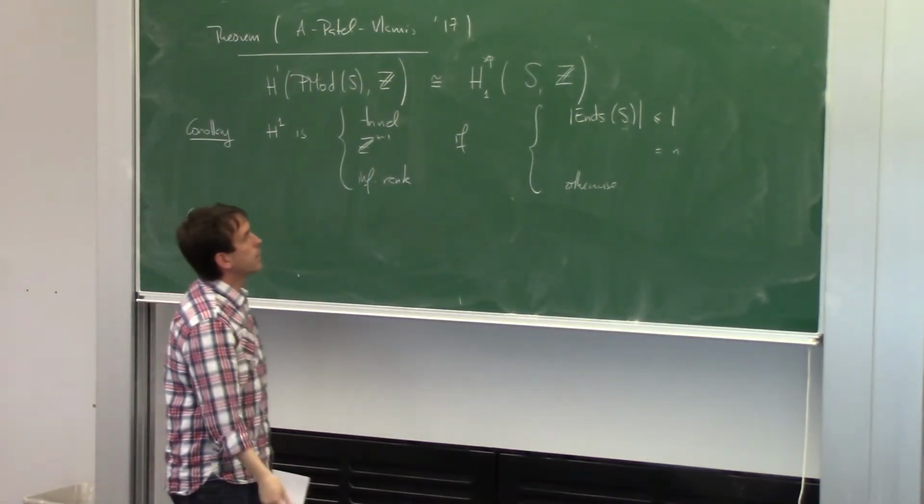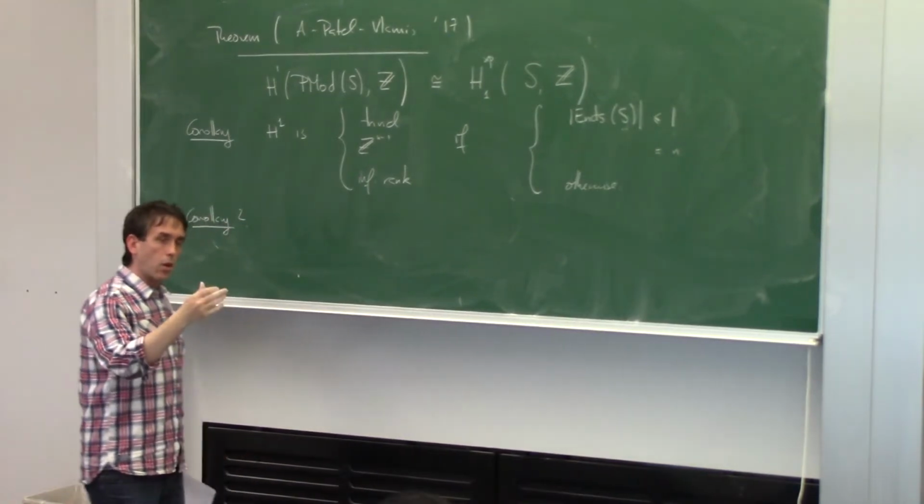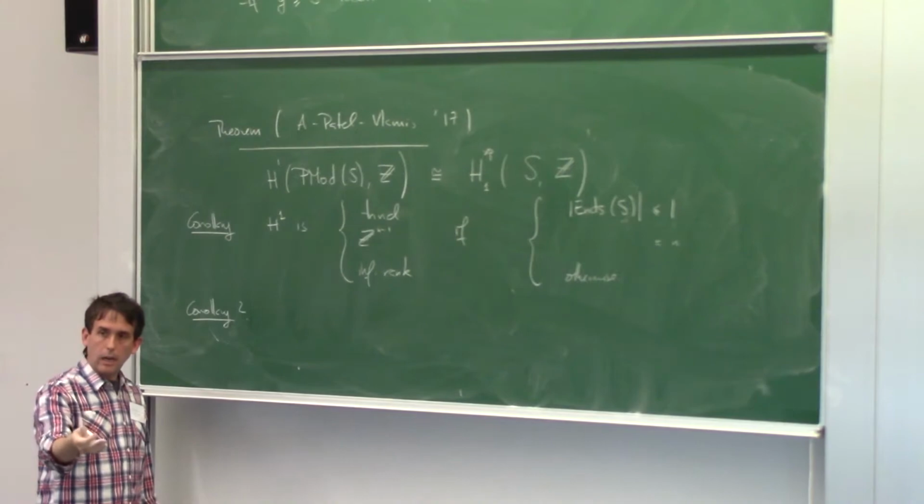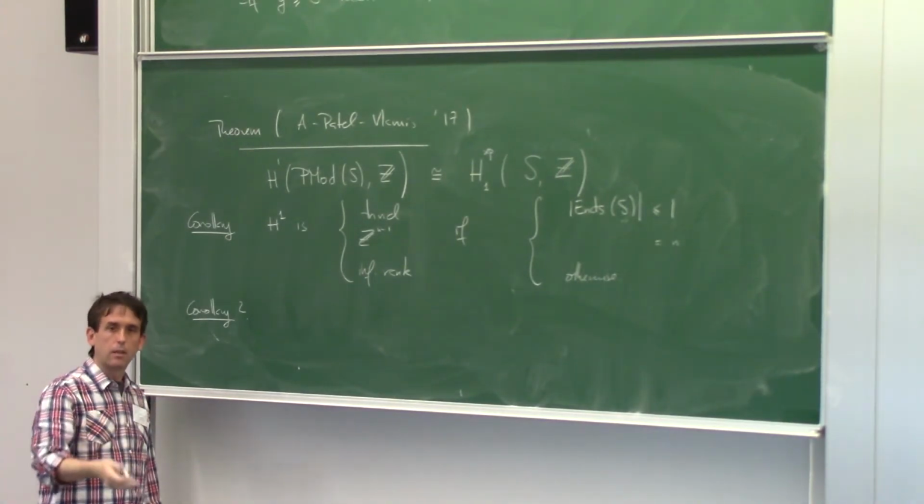So this is related to something we were talking about earlier. In the world of finite-type surfaces, homomorphisms between mapping class groups are kind of restricted.